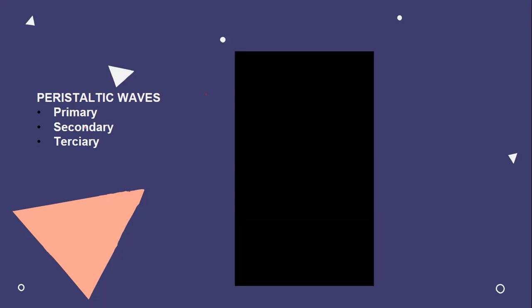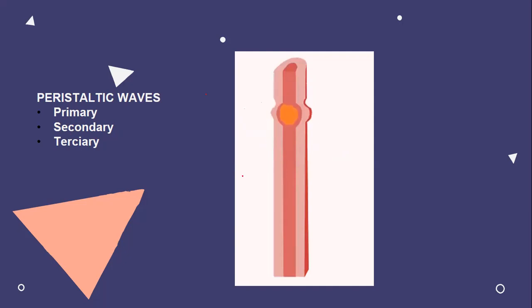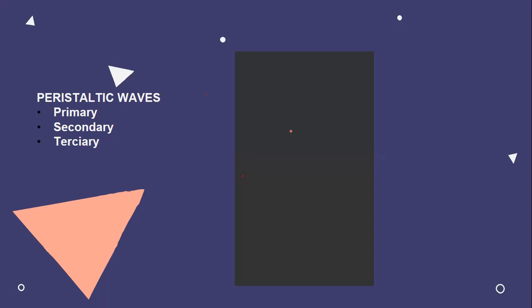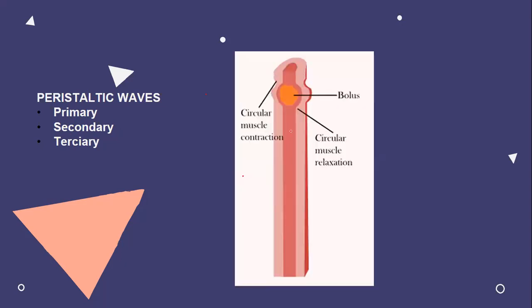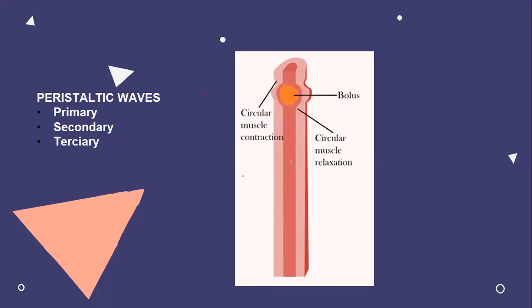A secondary peristaltic wave is actually when, let's imagine right here, for example, when we eat something really, really dry, like a piece of bread, right? It gets stuck in our esophagus. So it makes the walls of the esophagus dilated, like right here, right?